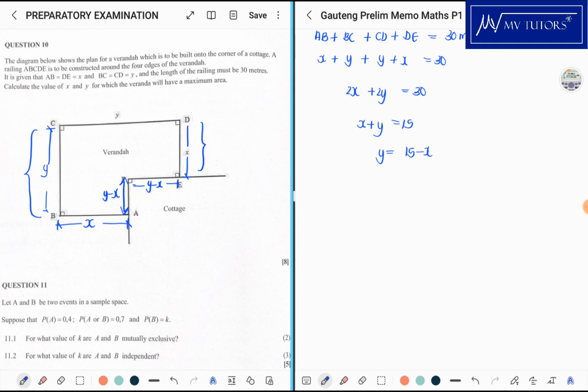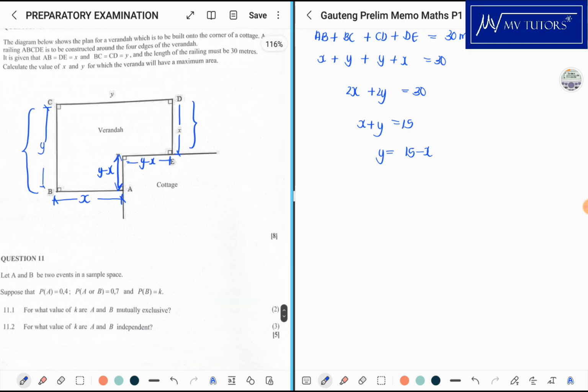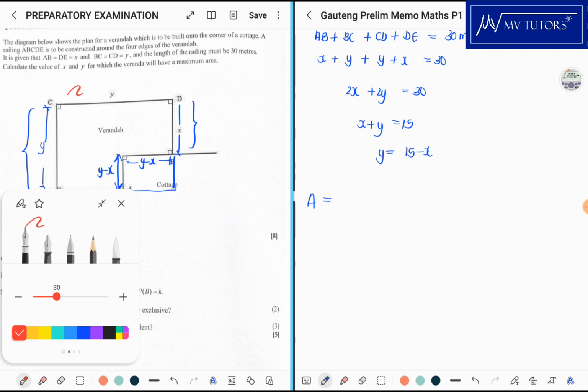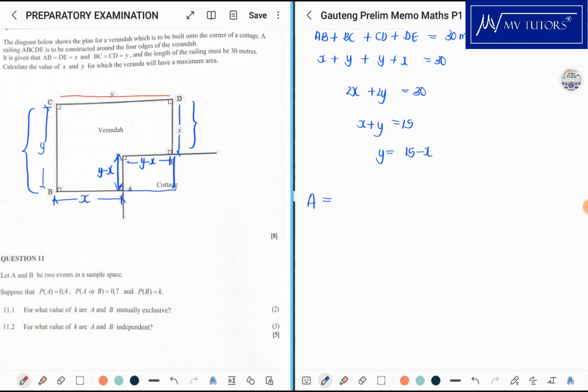Okay, because I want to calculate the area. I hope you're with me here. I have this length and that length, which is y minus x. It's like a square. So the area is the big rectangle, y by y.